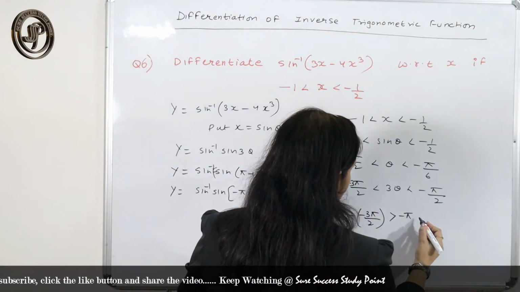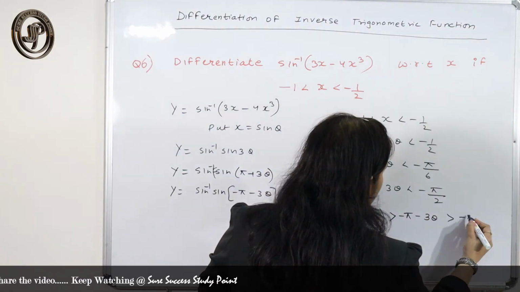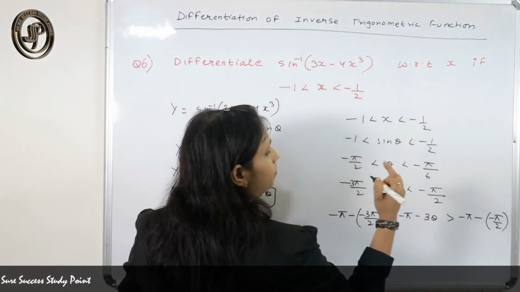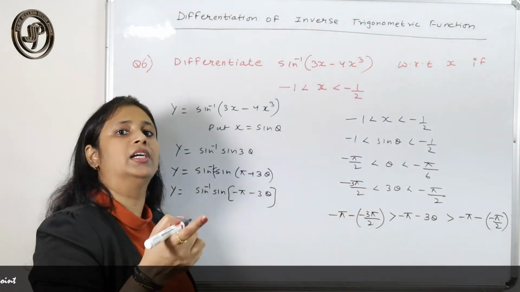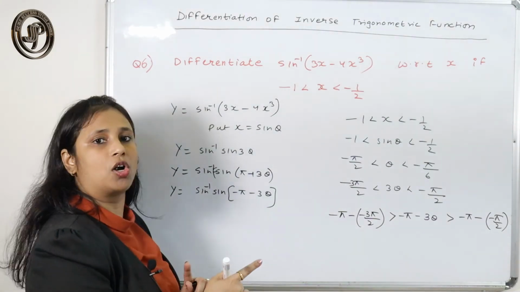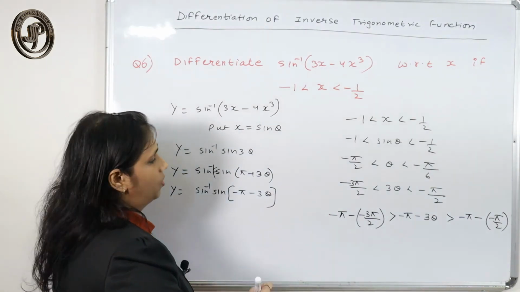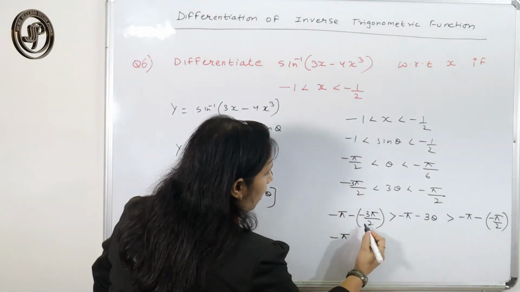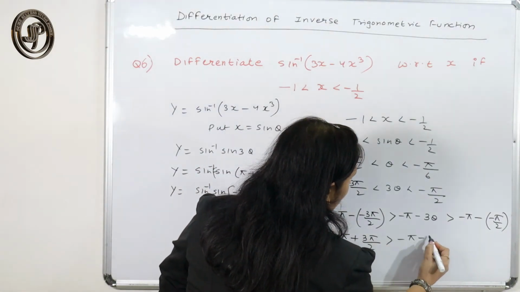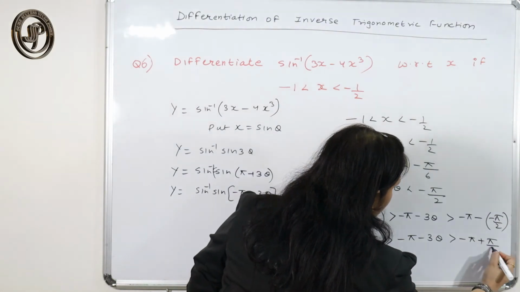Minus pi minus 3 theta and minus pi by 2. So this minus pi minus, you have to add on each side with the same value, whatever is written in the range. So minus pi plus 3 pi by 2, minus pi minus theta, minus pi plus pi by 2.